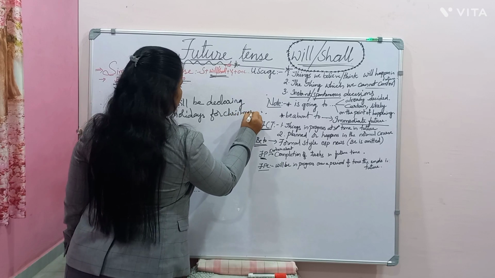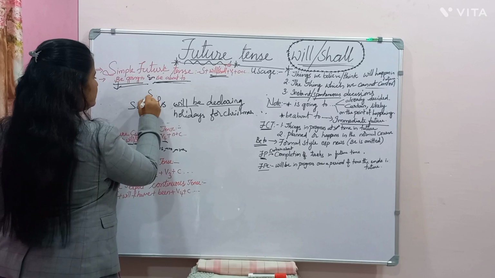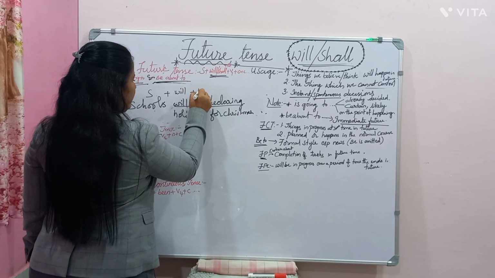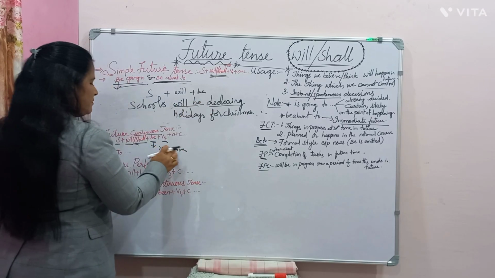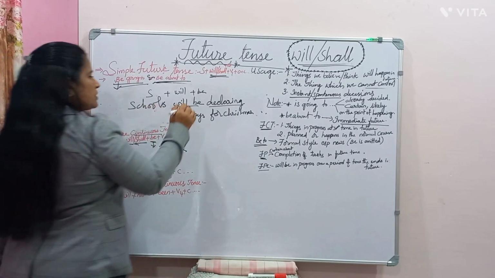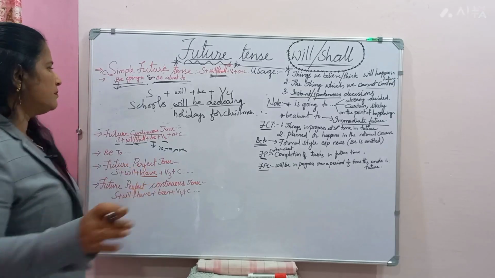So schools will be declaring holidays for Christmas. So it is the subject, will or shall, and the be form. Be itself comes, maximum be itself comes. In the future continuous, in 99% of the sentences, it's be only that we use.